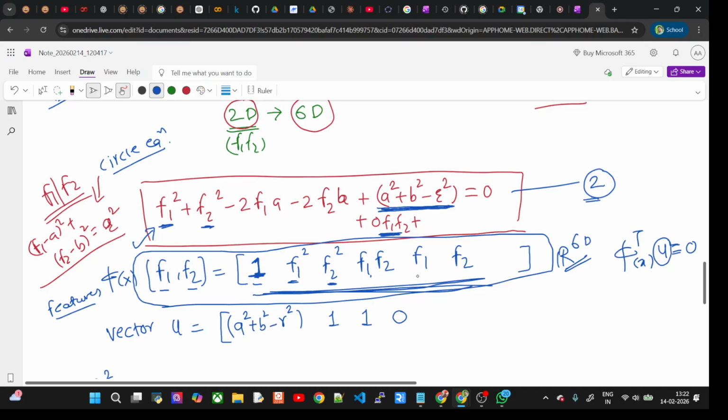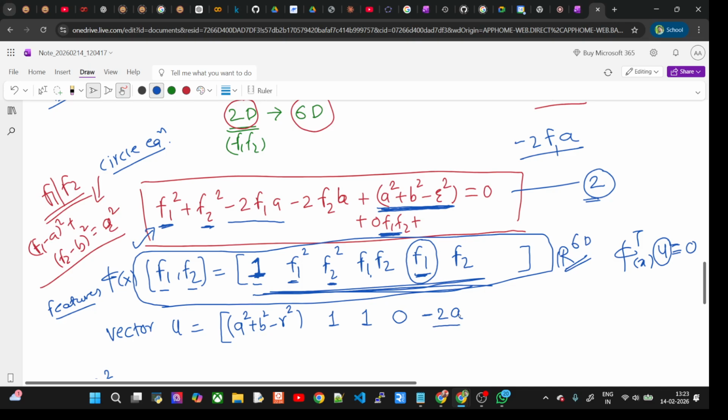Okay, next term is f1. Now you want minus 2 f1a, and you already have f1. What do you want to multiply with to get minus 2 f1a? You just need to multiply with minus 2a.